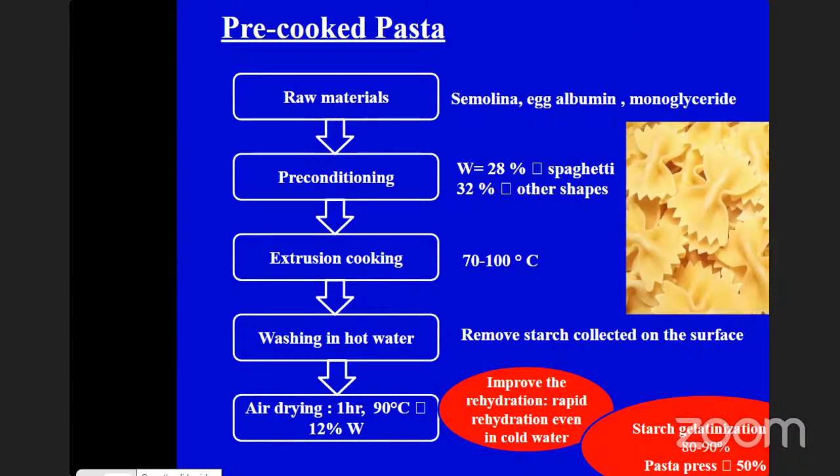This is because of the starch gelatinization degree, which is higher in pre-cooked pasta than in the other pasta kinds, around 80 to 90% in pre-cooked pasta, while in the other kinds of pasta it is about 50%.